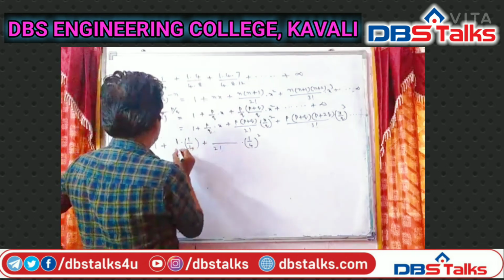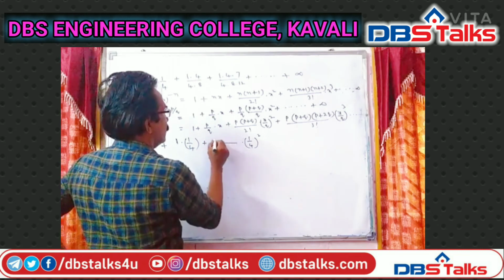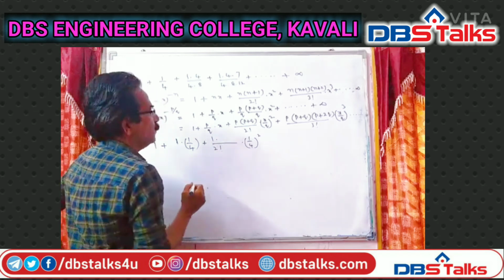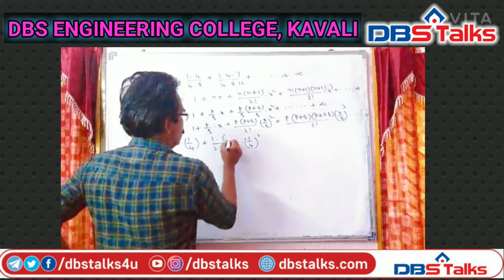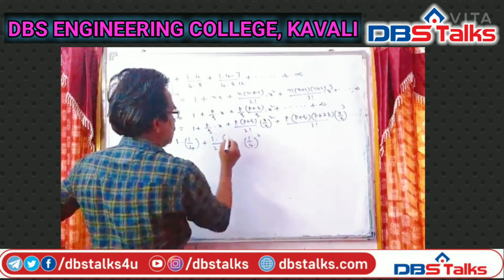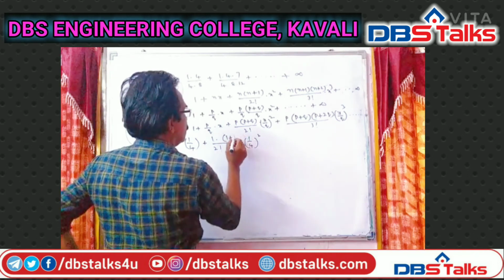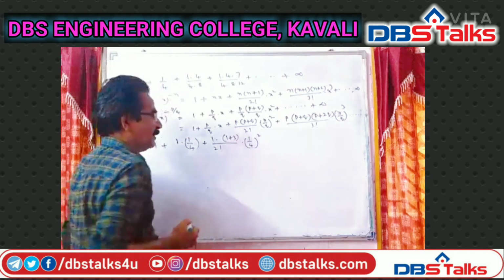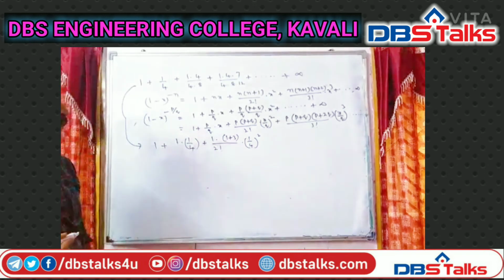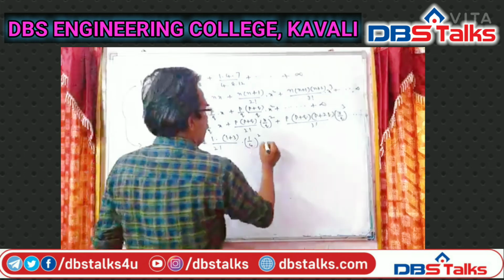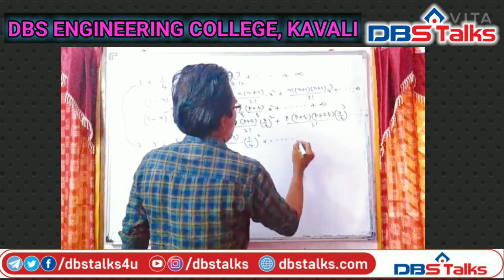Here p is 1, so 1 into p plus q, that is 1 plus 3. This term is the p plus q term, and so on and so on.